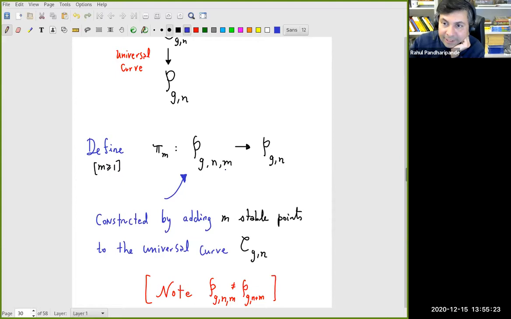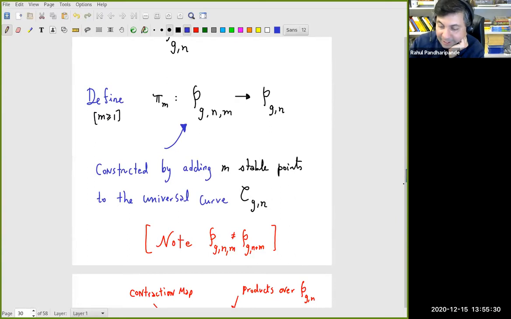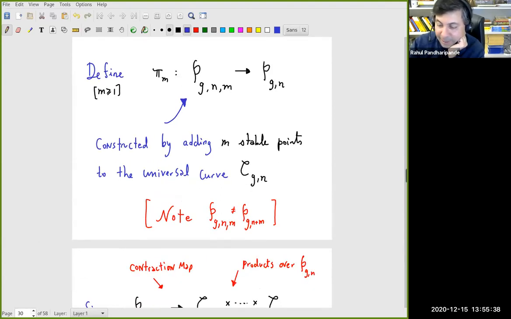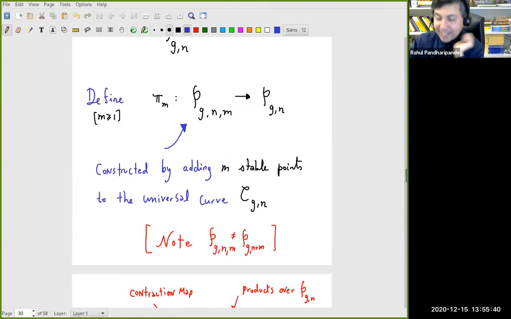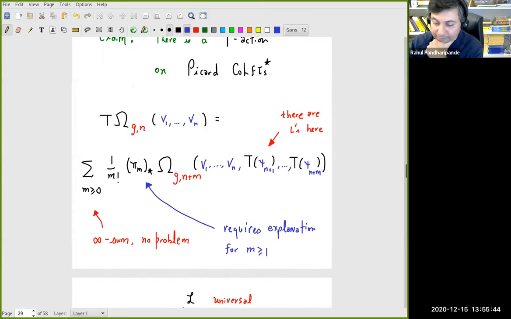That's a well-defined thing. This is a technical point also. I'm sorry about it, but you add some M stable points and then you forget them with the contraction map. I don't know how to get around this. So this is a little bit of the contraction map coming back. This is a technical point, but otherwise this translation should be fine.